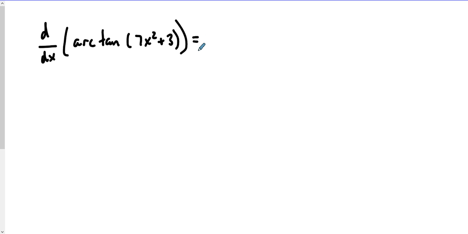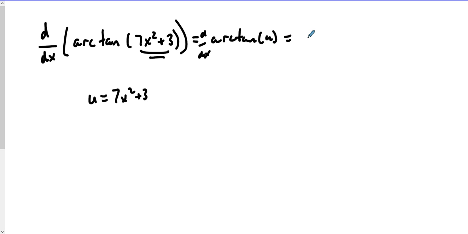What we're going to do right here is, this is our u again. Chain rule, 7x squared plus 3. So we have arctan of u, and the derivative of this with respect to x is going to be 1 over 1 plus u squared, times u prime.